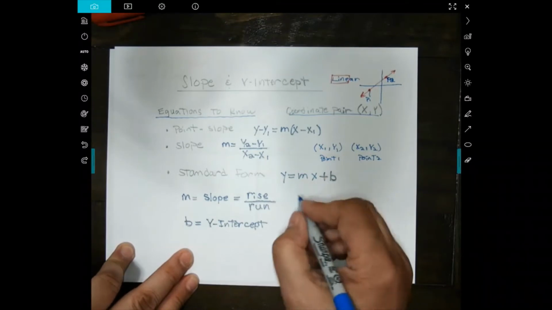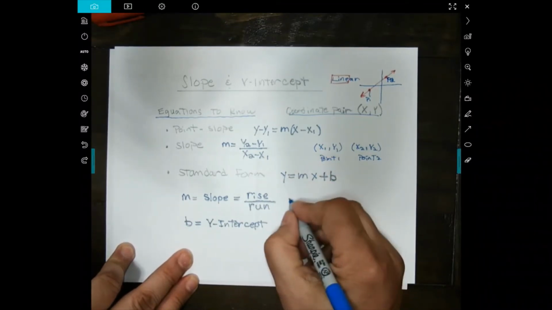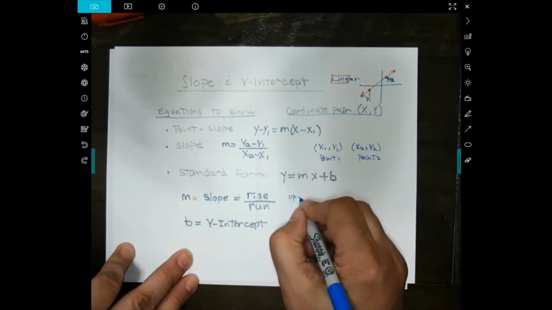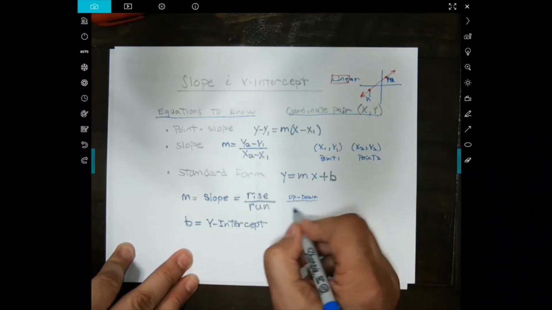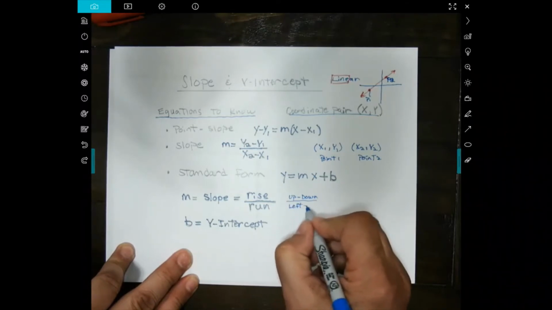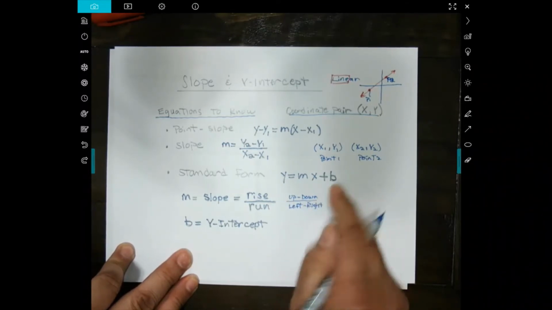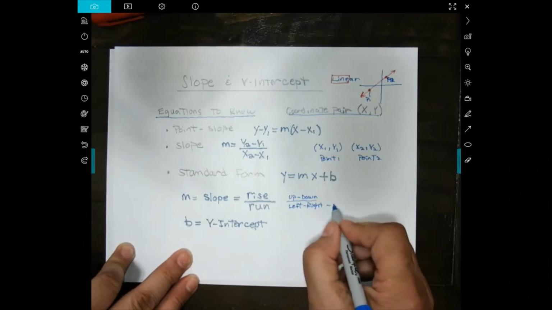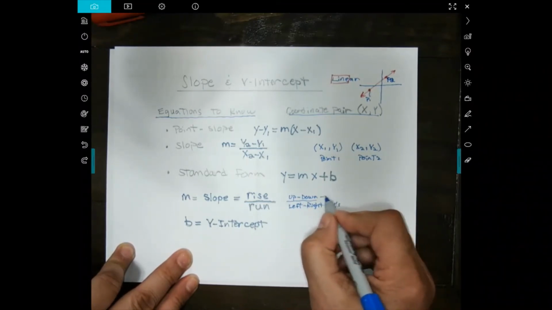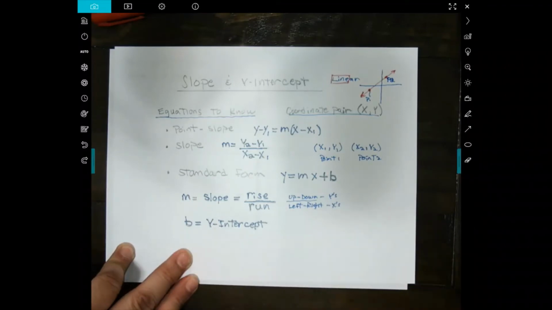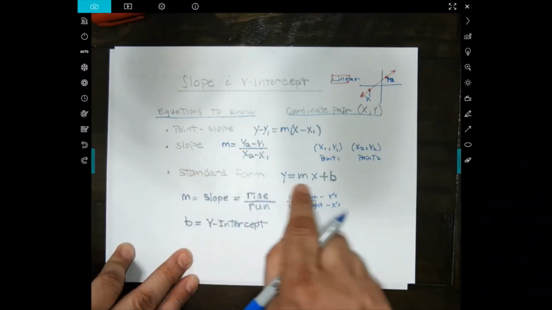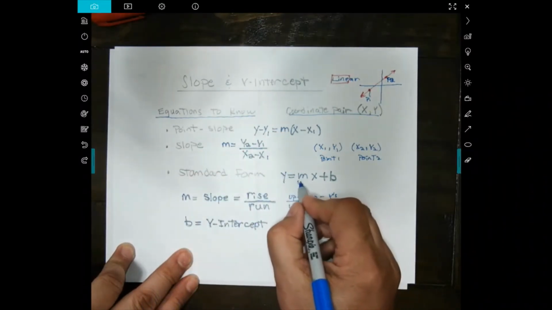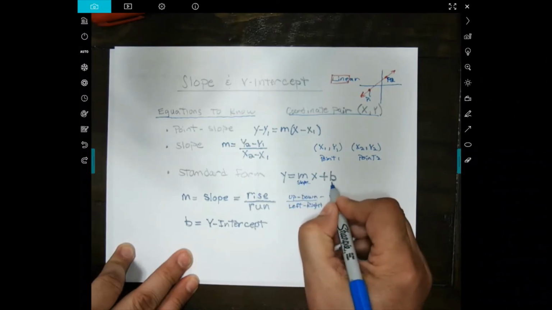So rise over run is like up and down over left and right. Remember, x's are left and right. These are the x's. These are the y's. Y's are up and down. So point slope form, the slope, the standard form of the equation, m is the slope, b is the y-intercept.